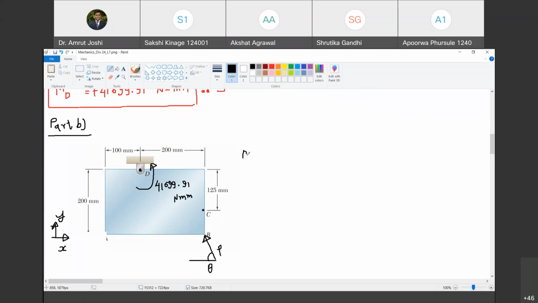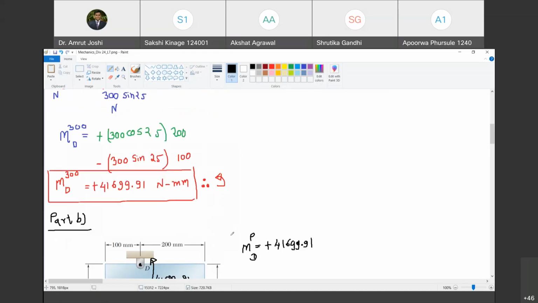So you already know the moment of force P at D. This is known. This is equal to plus, because it is anti-clockwise, 41699.91. Are you with me? Yes, sir. I hope you have checked this calculation.